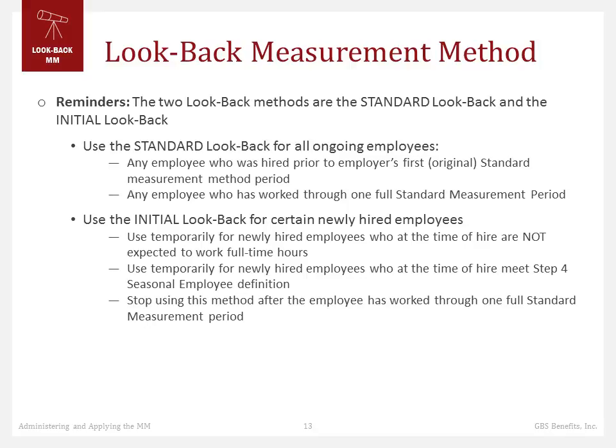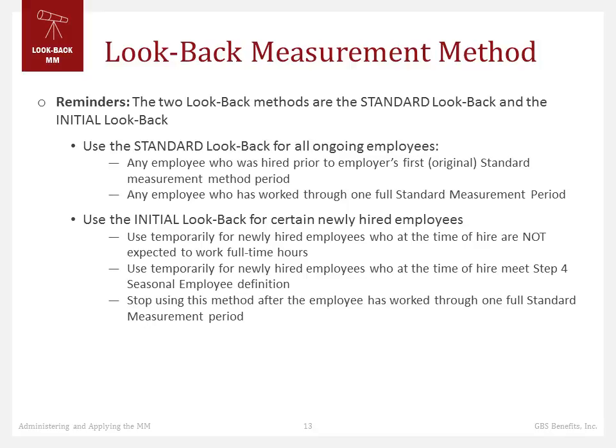Now you're going to use the initial look-back for certain newly hired employees, and those are newly hired employees who at the time of hire are not expected to work full-time. Remember the chart just on the slide before. Those go into the initial at first and then get transitioned into the standard. You're also going to use this for newly hired employees who at the time of hire meet the seasonal employee definition. We talked about that on the slide prior.